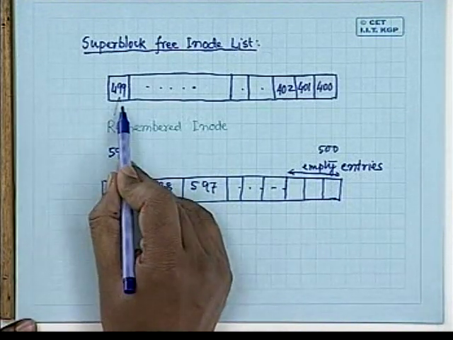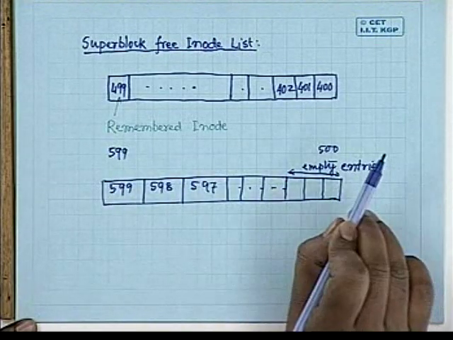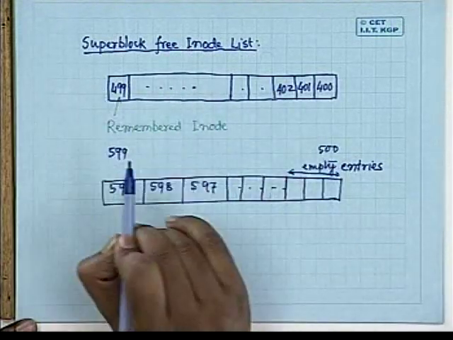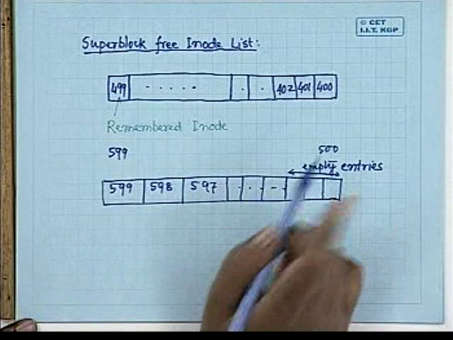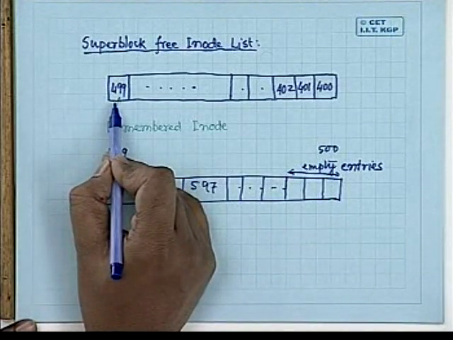So you simply mark inode number 512 on the disk as unallocated. Next time when the superblock free inode list becomes empty and you search for unallocated inodes, the search will start from 499 and eventually come to inode number 512. So that can be allocated.